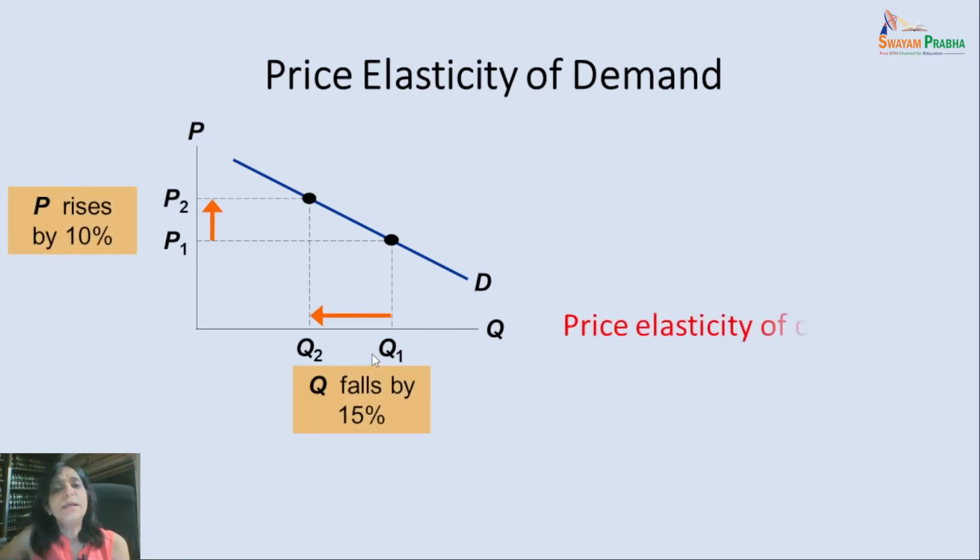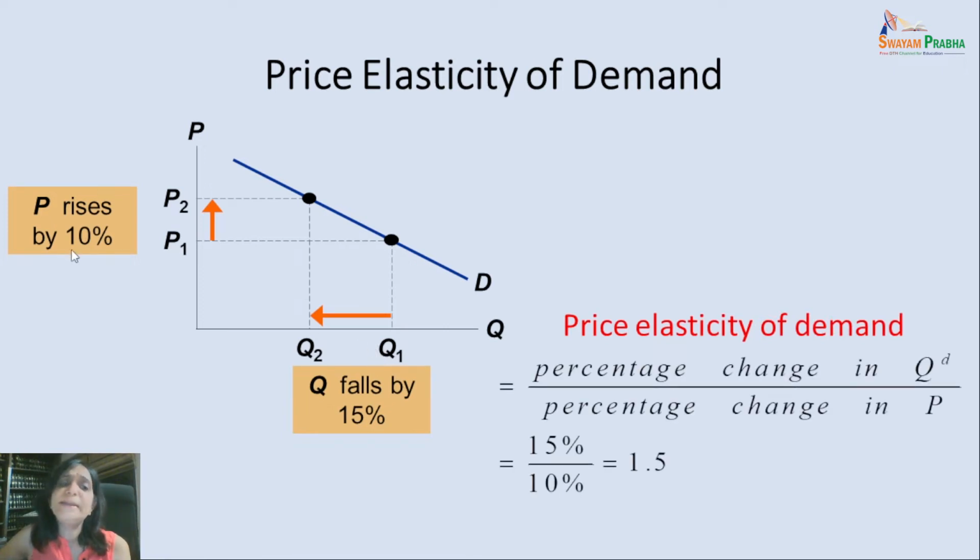Let us assume that the price now rises by 10% from P1 to P2. What does the law of demand say? Law of demand says that when the price rises, there will be a fall in demand. So with an increase in price by 10%, we notice that there is a fall in quantity demanded by 15%. So there is a response of the quantity to a change in price.